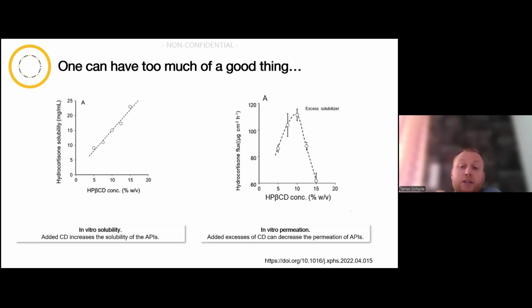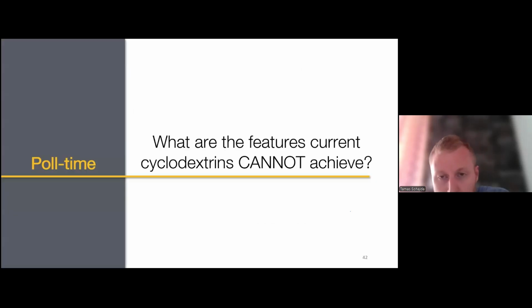So the cyclodextrin has to release it. So if the complex is too strong, for instance, and the release from the cavity is not happening instantly, then we can see that high cyclodextrin concentrations can indeed potentially prevent the permeation of the active, although this happens rarely, I must say. So now I think we tackled this one, so it's a bit theoretical question.